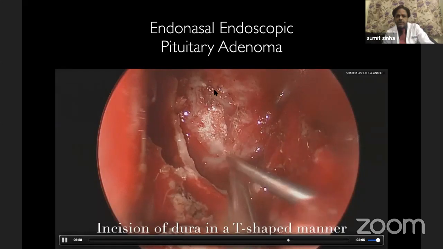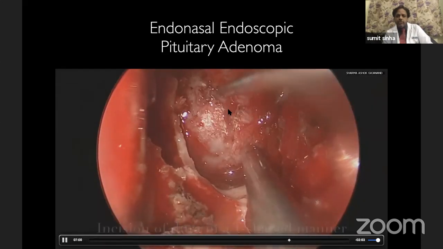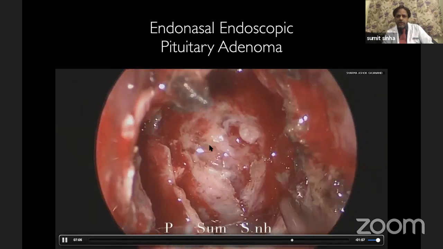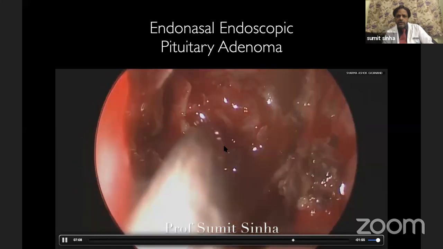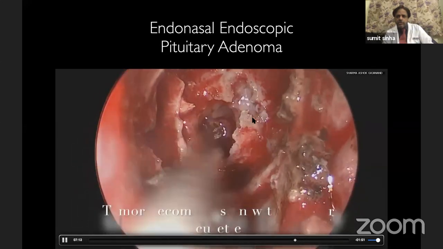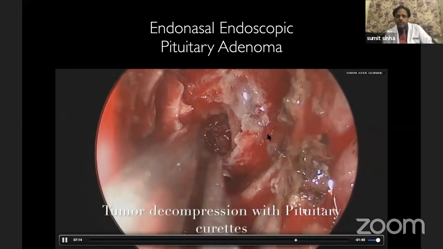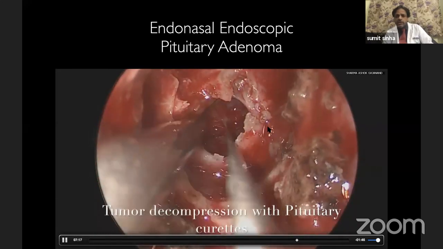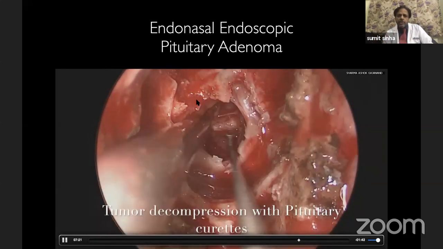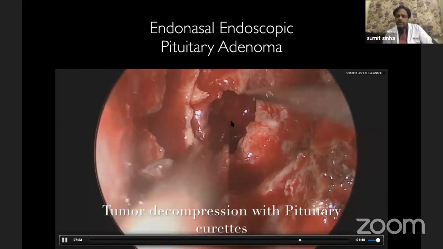So this is the opening of the sella. You are right inside the sella after opening the sella floor. Now in this case, the sella floor was already destroyed by the tumor, so you can come into direct contact with the dura. This is the cruciate opening of the dura, which you are doing, and then after opening the dura, you remove the tumor, decompression with the pituitary curettes in the usual fashion that you do in a normal routine transnasal operation.